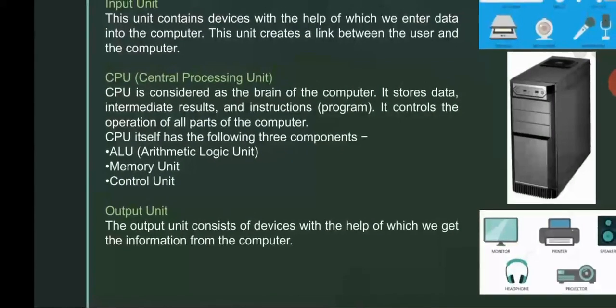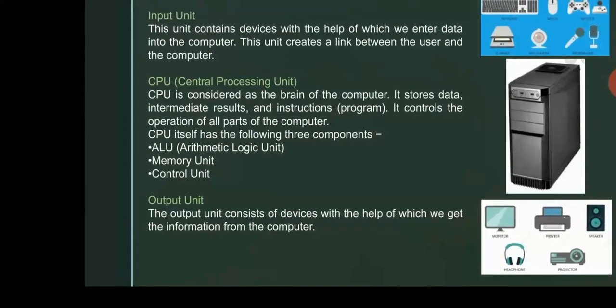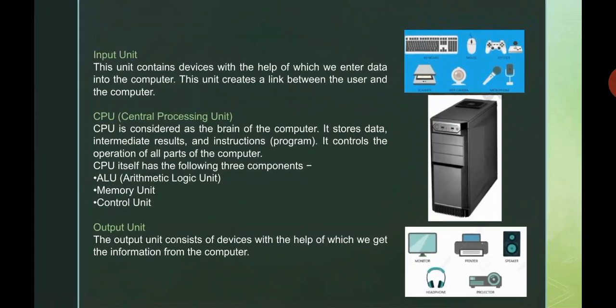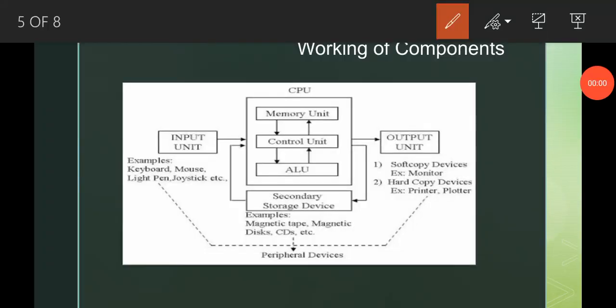Here are some examples of output devices: monitor, printer, speaker, headphone and projector. If I want to get any result of the computer, we can watch it on our computer screen, that is also called monitor. Now let us discuss the working of these components. First of all, we insert data through the input device like keyboard, mouse, light pen, joystick.